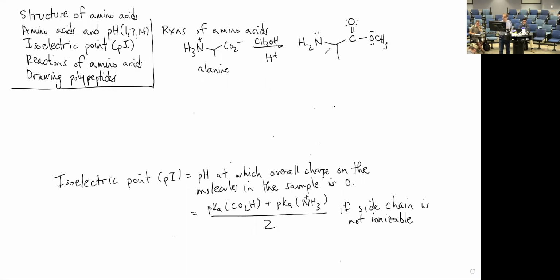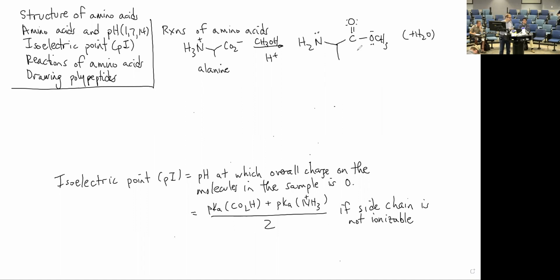So notice that the ammonium group goes back to the amino group because this is no longer a carboxylic acid. There's no longer an extra proton around to protonate the amino group, because that's really what happens at pH 7. The amino group pulls off the proton from the carboxylic acid, but now there's no longer a carboxylic acid functional group, so there are no extra protons around. You would also, I guess, get a molecule of water out of this, plus water. So this is Fischer esterification, which we covered in chapter 10. So that's a reaction we know about already.